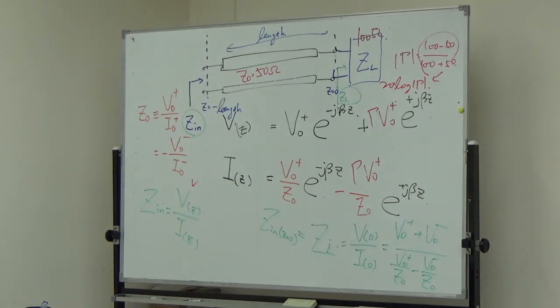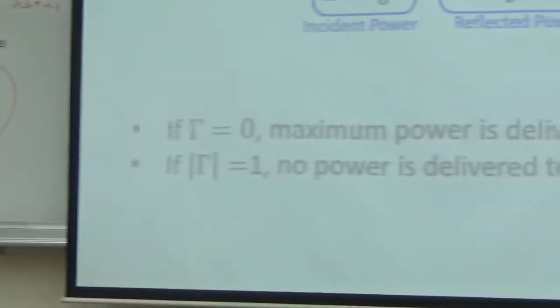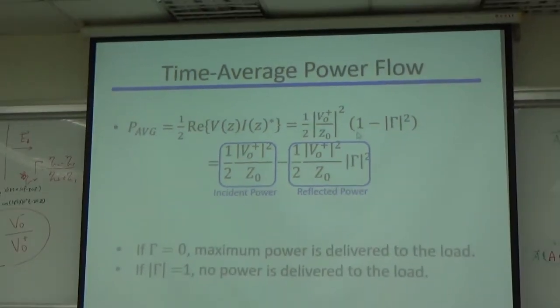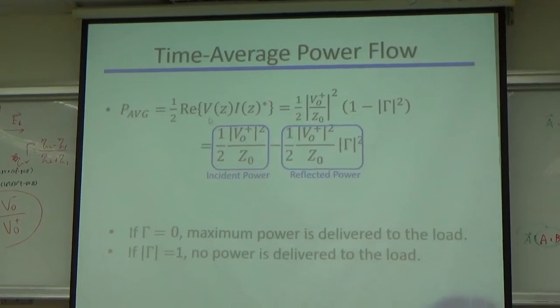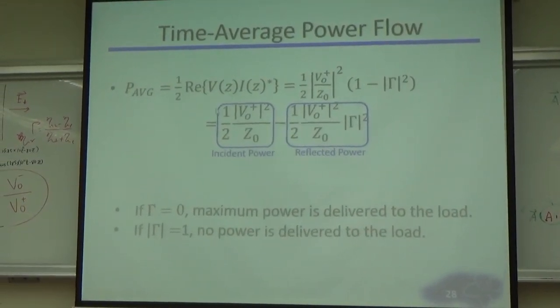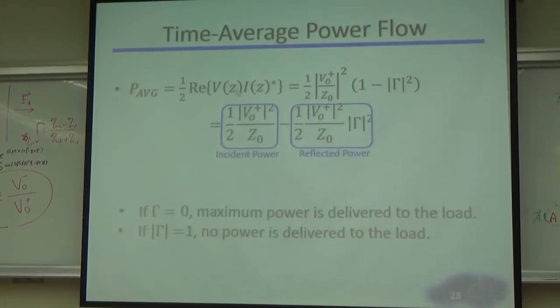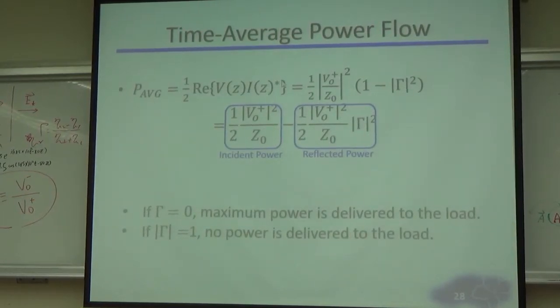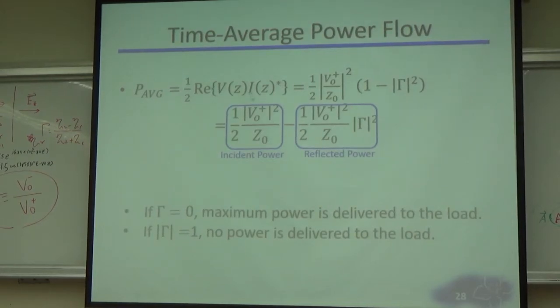And this is the time average power flow. You can just refer to your textbook. You just put your total voltage and total current. Because we take a conjugate to the average power and put everything inside, you can see that you can separate your power into one incident wave and one reflected wave, just putting every equation here.